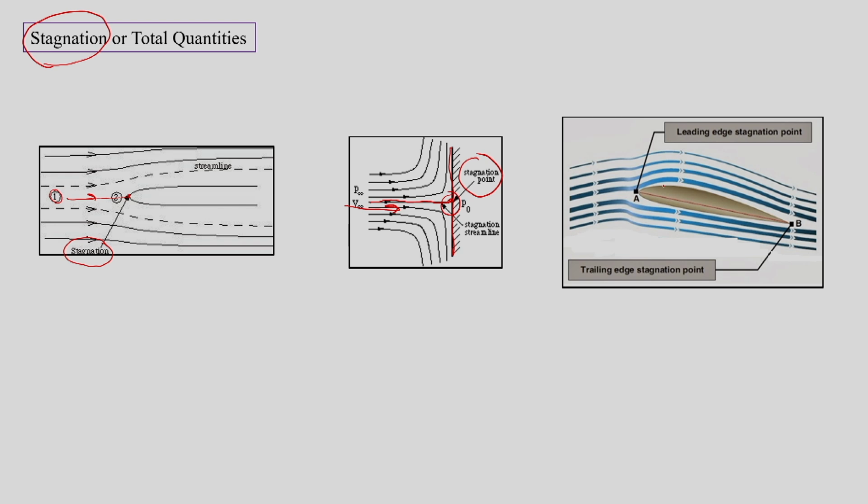Similarly, there will be an aerofoil with flow over it, where initially the streamline would become stagnant or get terminated at this point. So this is the leading edge stagnation point, and when the two streamlines meet over here, we have a second stagnation point, which is the trailing edge stagnation point. So practically, stagnate means that velocity is 0 for the flow.